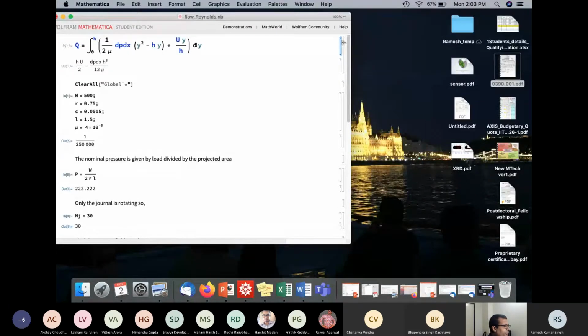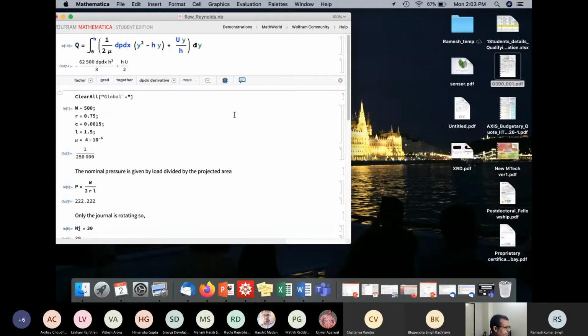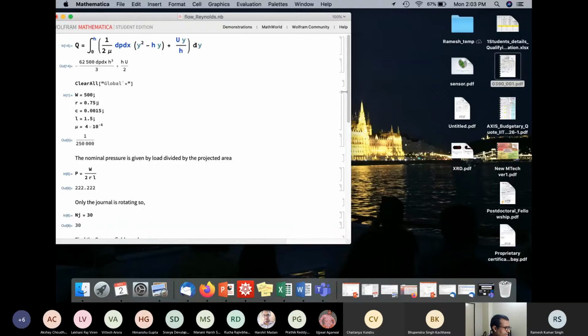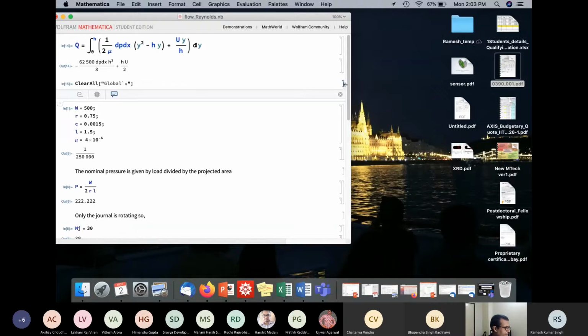So this is the Q, for unit depth, if you'd like to say. I can find the total flow, which will be the integral from 0 to h of u dy. Let me go ahead and do it. Oh, sorry, my mistake. Clear the variables and then it will do it.